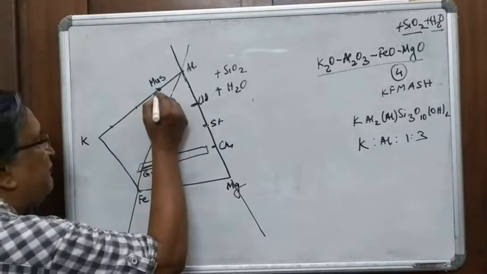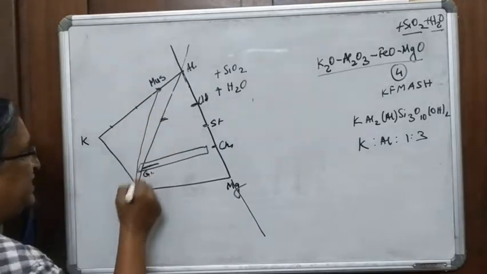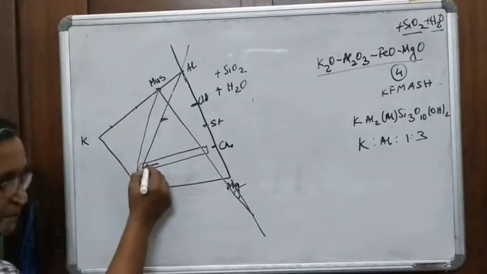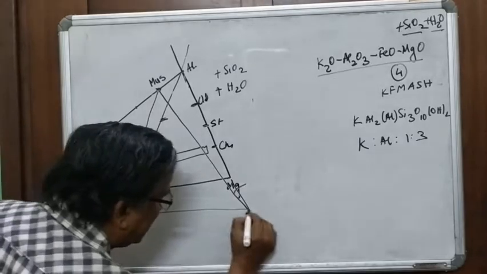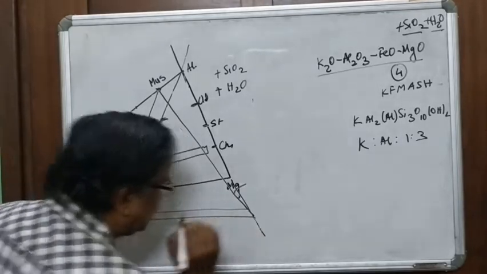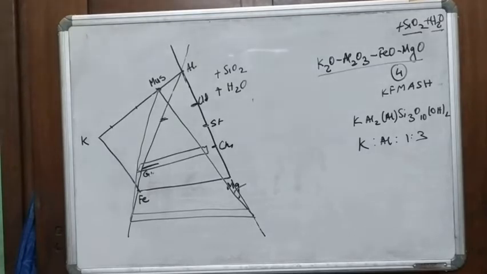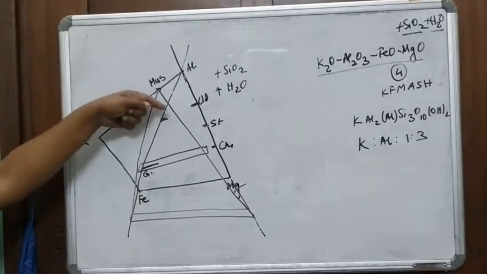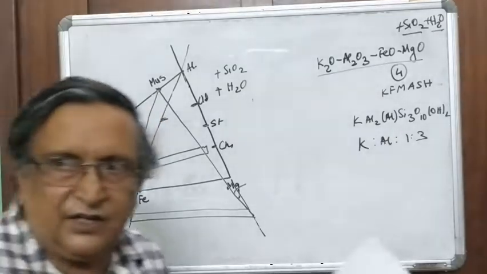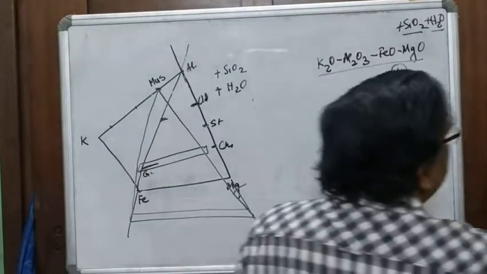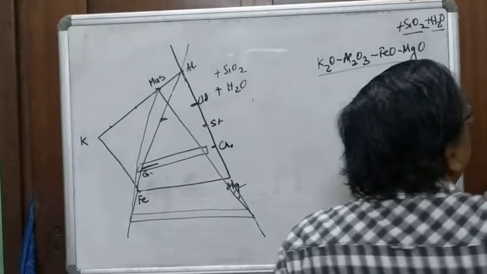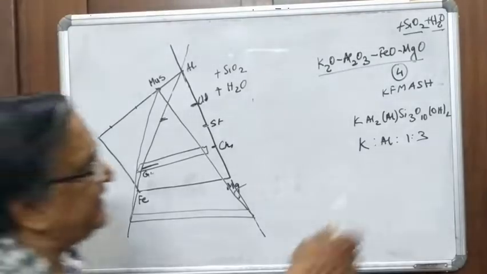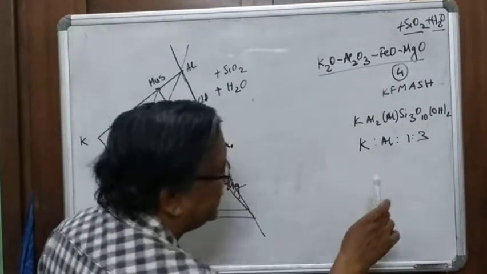So what happens if I join this, and if I join this, biotite will project on this plane outside. Do you understand? If I take this muscovite and plot everything else, they will plot on the surface because they are on the surface. If I take a light and point it here, it will remain there. There will be no changes. But if there is something here, you can see the shadow.